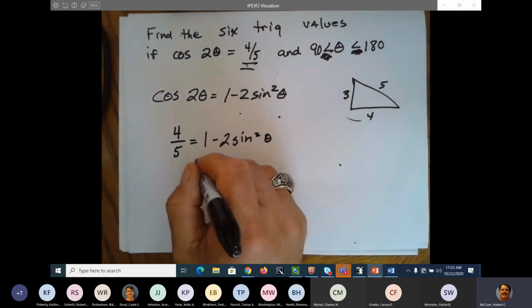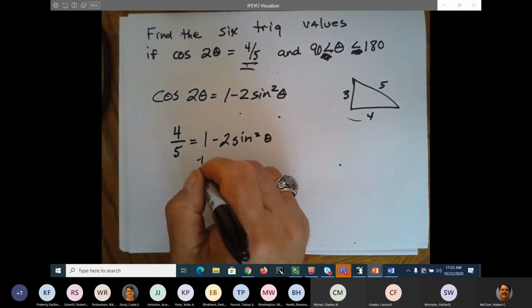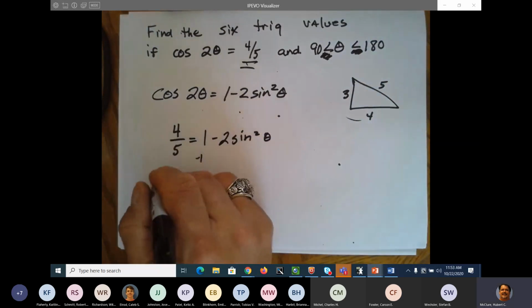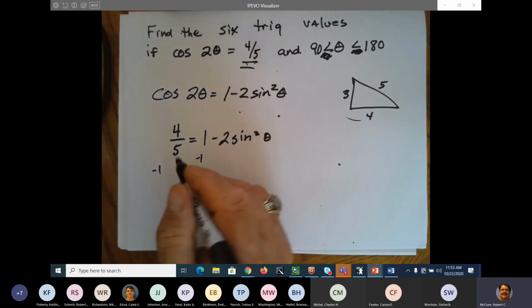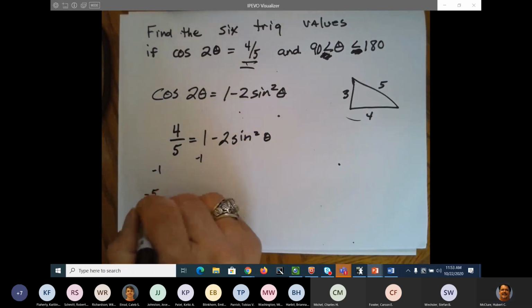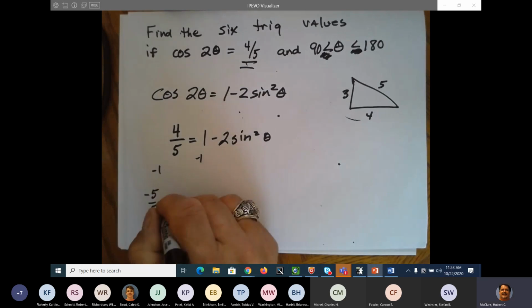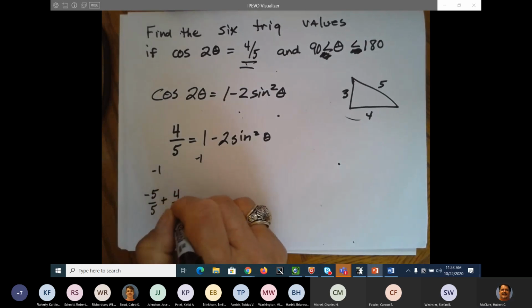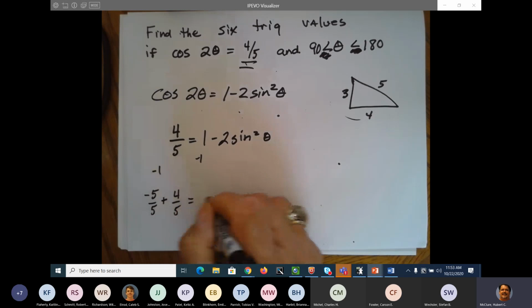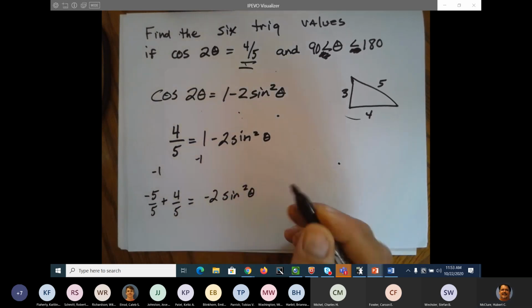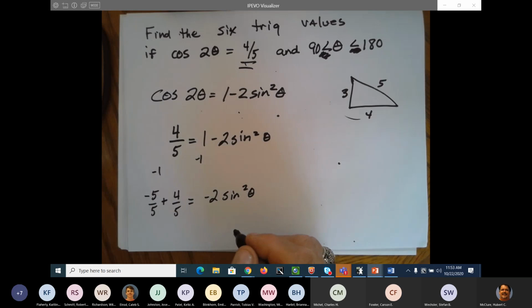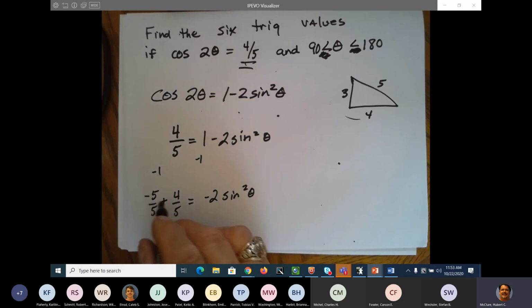We're going to subtract 1. And that's going to be negative 5/5 plus 4/5 is equal to negative 2 sine squared theta. And now negative 5 plus 4/5 is negative 1/5.